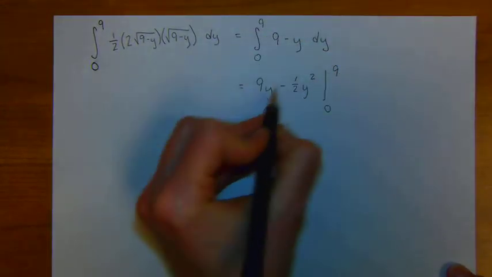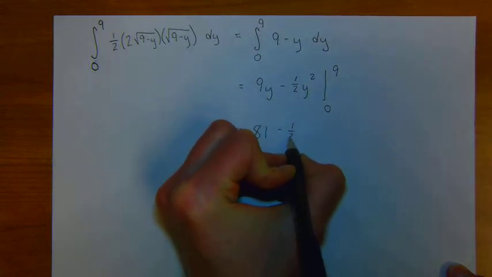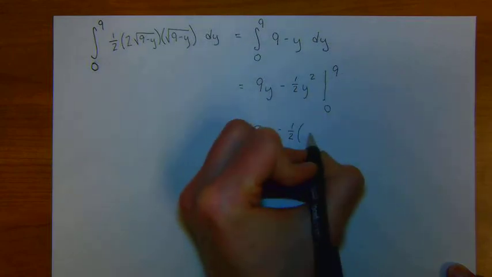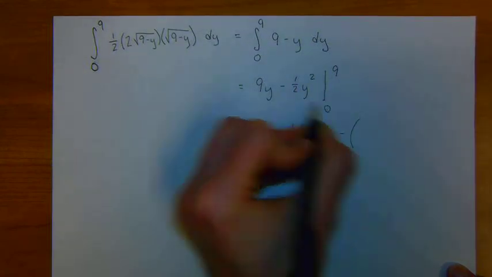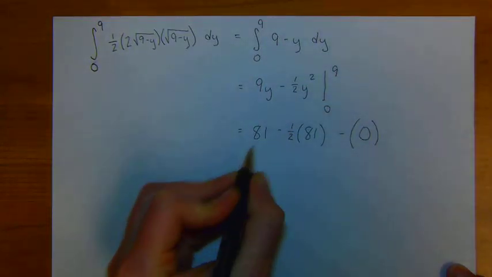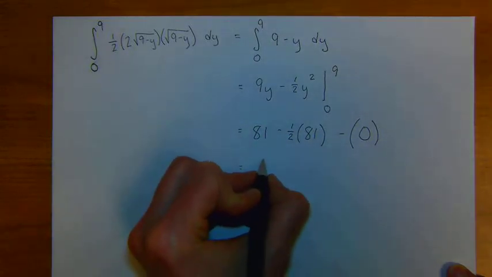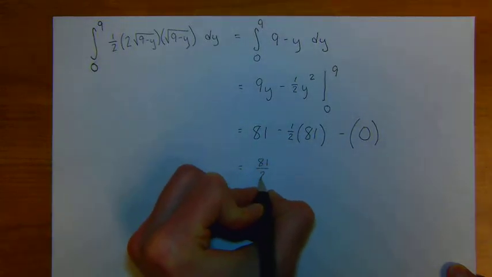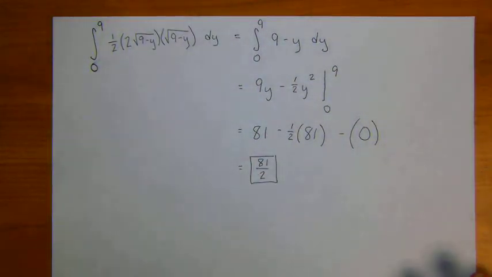Plugging in the upper bound, I get 9 times 9, which is 81, minus 1/2 of 9 squared, which is 81, minus the lower bound, which is 0 minus 0. And so I get 81 minus half of 81, and I'm left with 81 over 2. So this is the volume of our tent, 81 over 2.